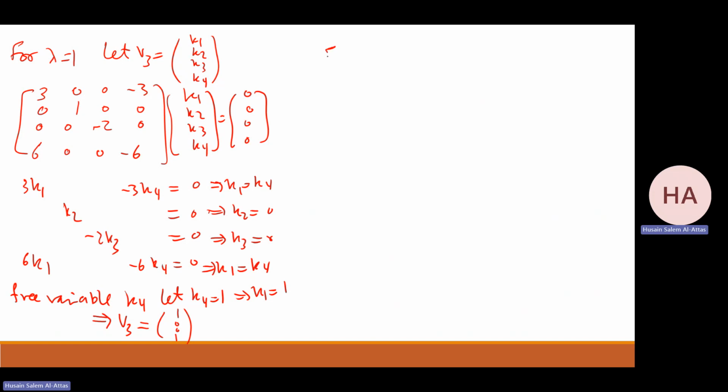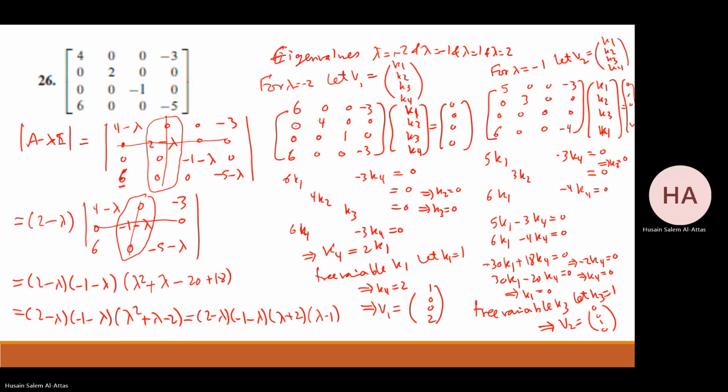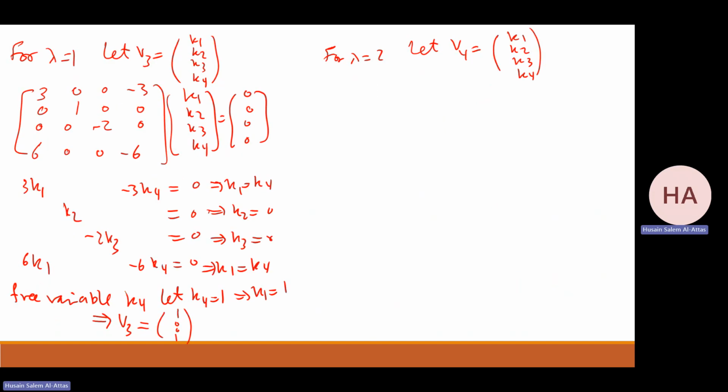Now for lambda equal 2, the last thing, I let now v4 to be k1, k2, k3, k4. Let's see what will happen. Lambda equal 2, so I have 2, 2, then 0, 0 minus 3, 0, 0 minus 3.